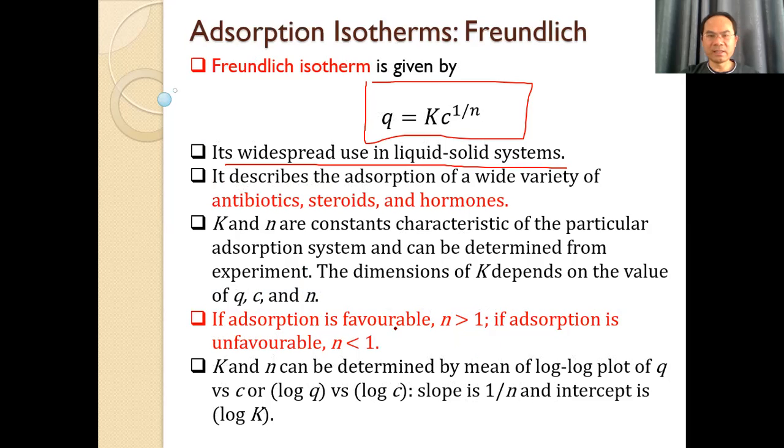We can consider N: if N is greater than 1, adsorption is favorable, meaning we can separate by adsorption. If N is less than 1, adsorption is unfavorable, meaning it is difficult to separate by adsorption.